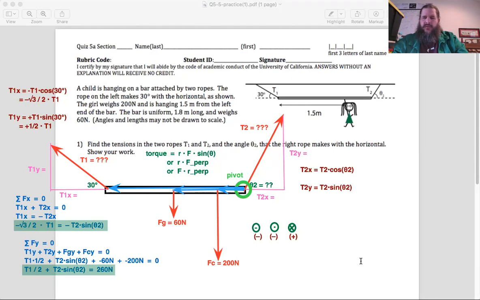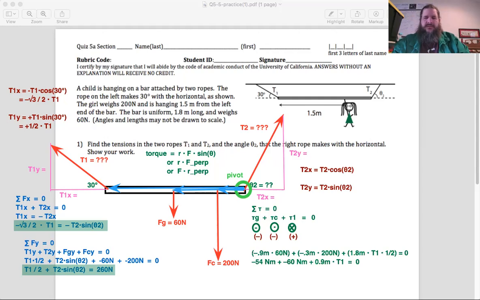And half of 1.8 would be 0.9 meters times T1. And then how would you isolate T1 there? You would do the negative 60 minus 54 added to the other side and then divide by 0.9.